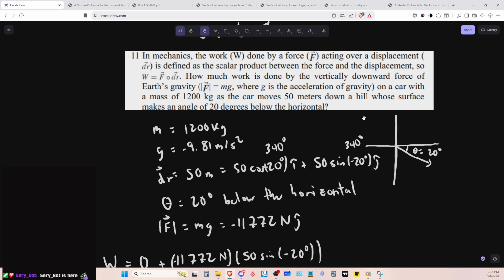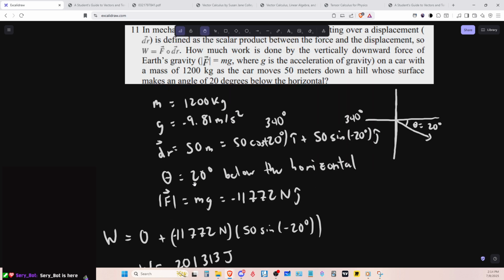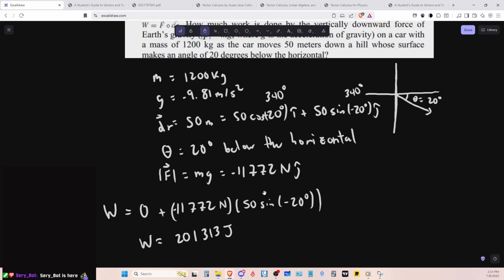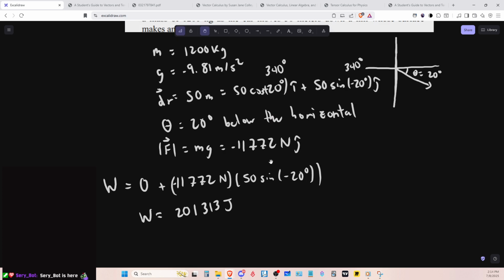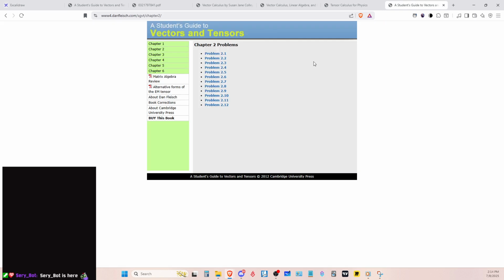So I'm thinking 50 meters is the magnitude, and you want the actual distance, because if it's like 20 degrees, then we have to take the angle into account. Hopefully, because we got 201,313.